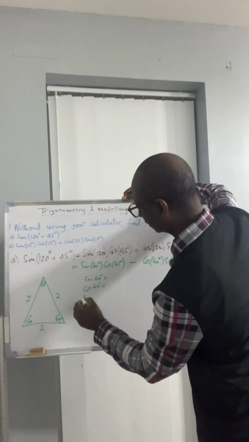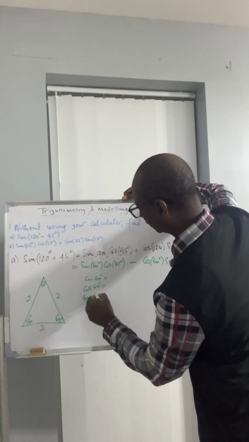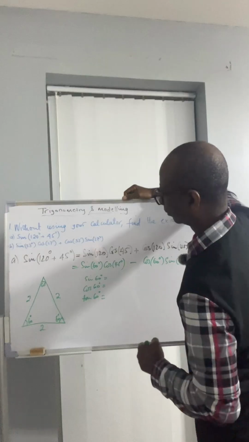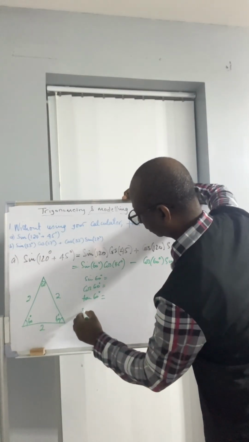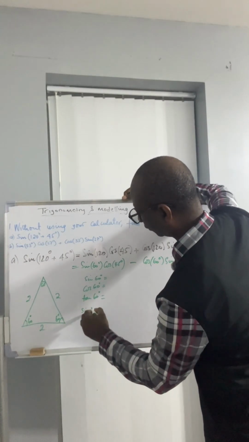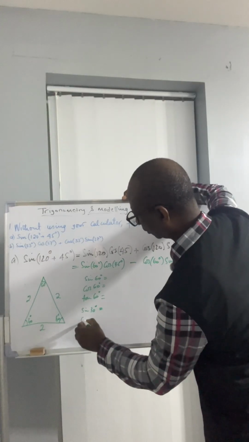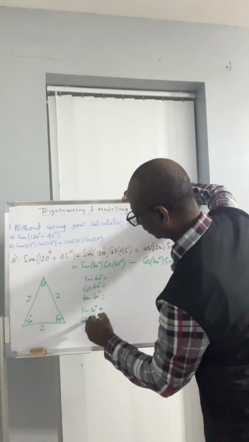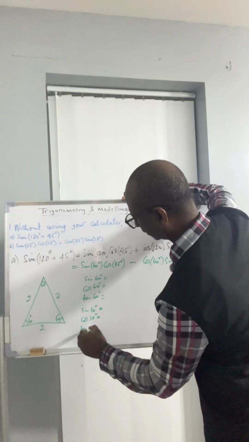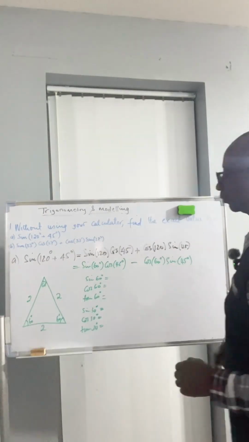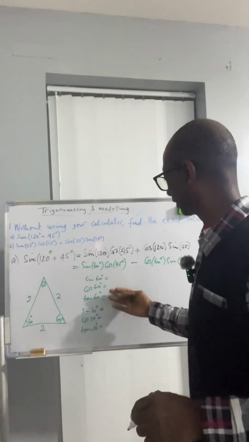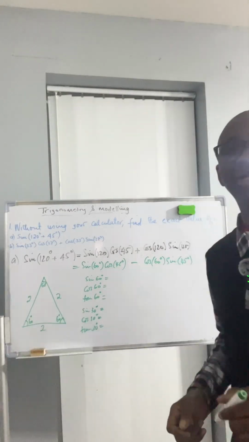There is no tangent, but suppose we needed tan of 60 degrees. And you need sine of 30 degrees. You need cosine of 30 degrees. You need tangent of 30 degrees. How do I get all these angles from this triangle here we have?